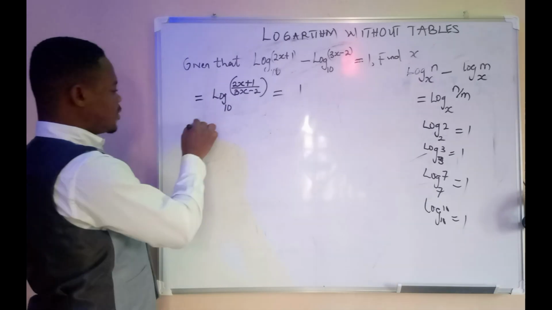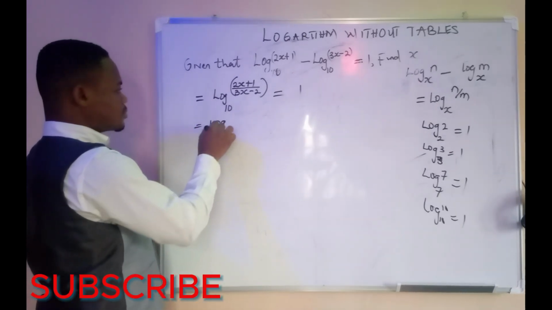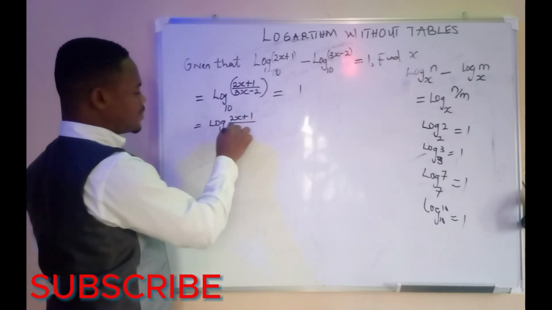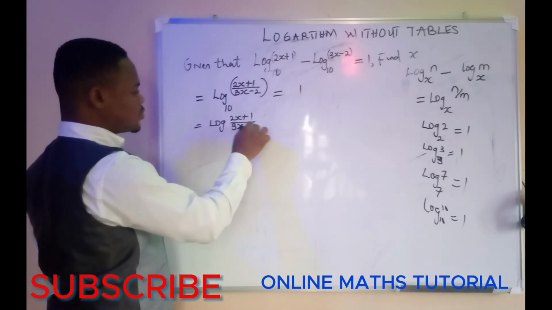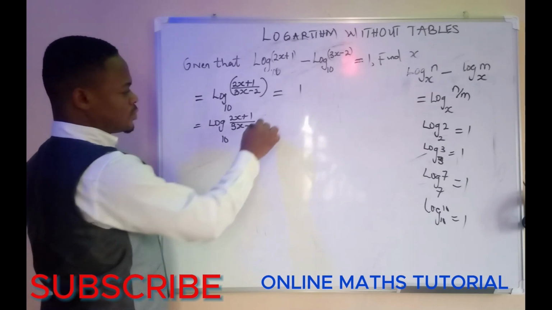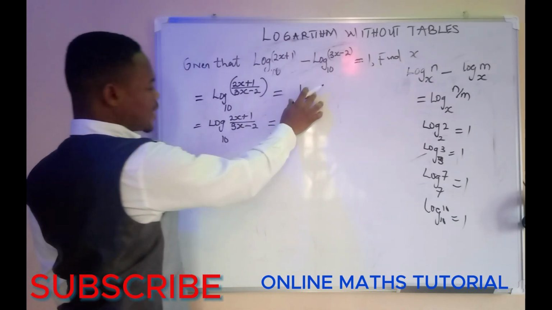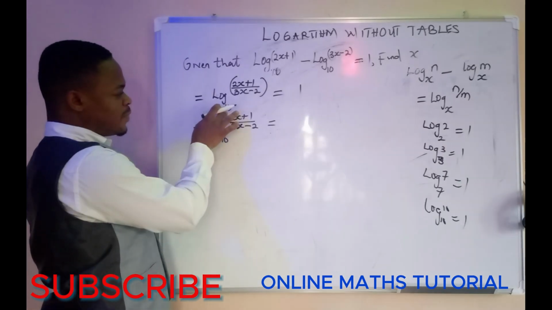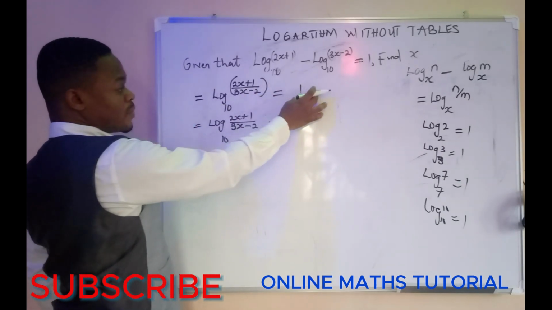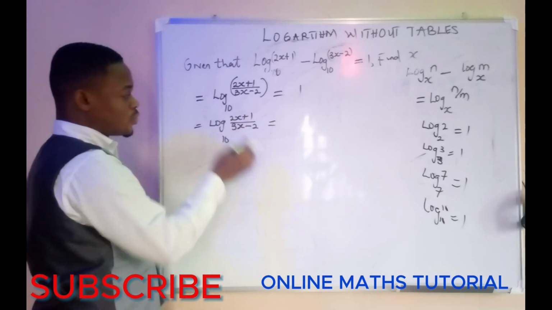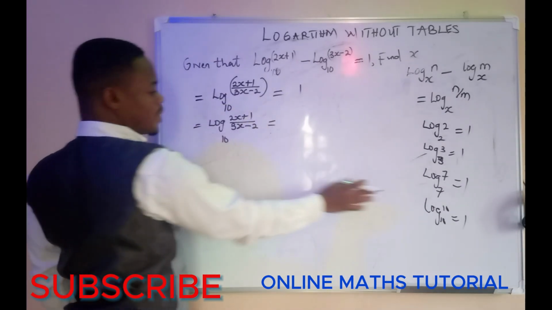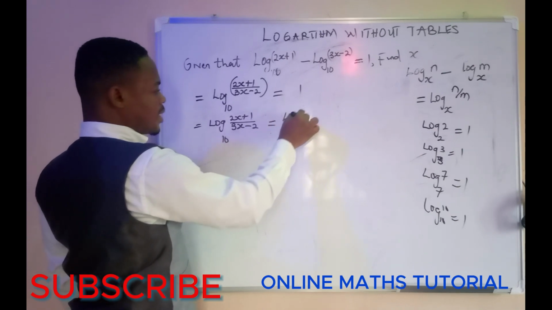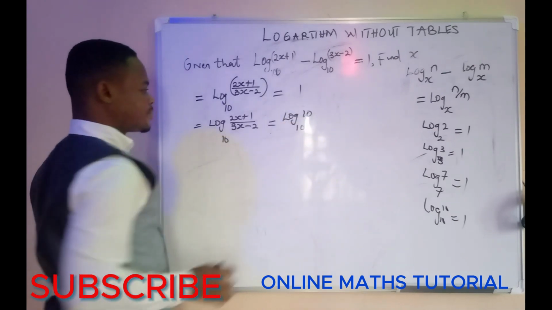So we have log (2x + 1) divided by (3x - 2) base 10 to be equal to, since this is equal to 1, and here we have log 10. Assuming the base is 2, we would also make this look like base 2. So here we have base 10, we make it look like this: log 10 base 10.